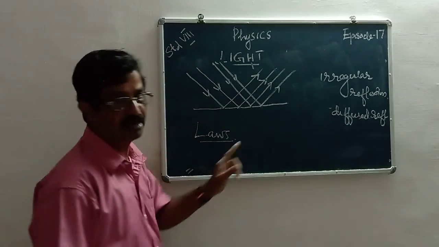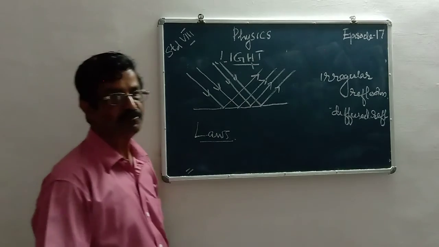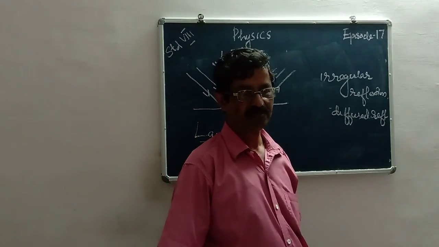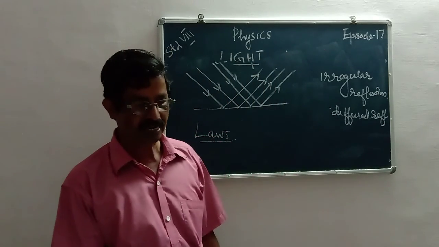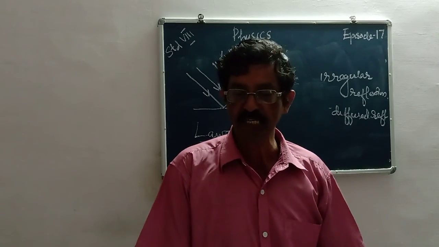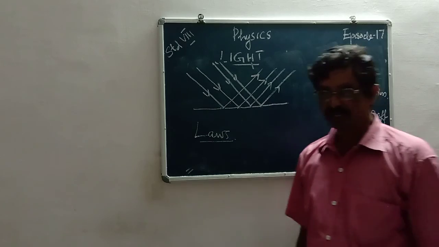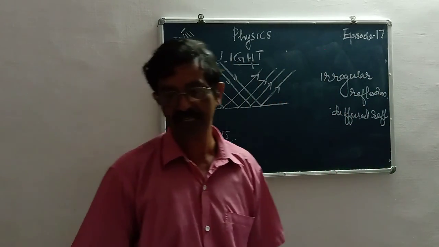Then regular reflection: when light falls on a smooth surface, the reflected rays also become parallel. Then what are the properties of the image formed by a plane mirror? All these things we discussed, and with these we can conclude today's class. Okay, thank you.